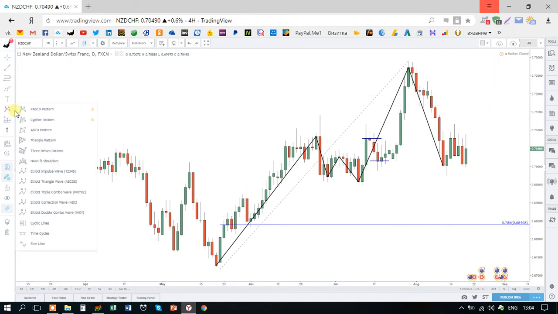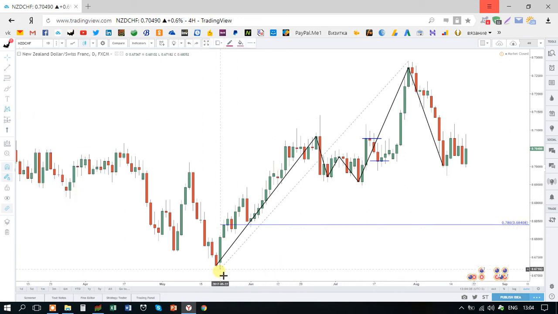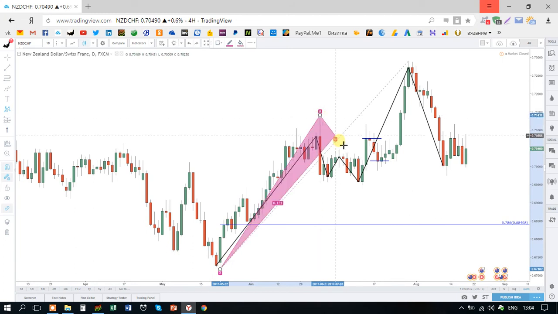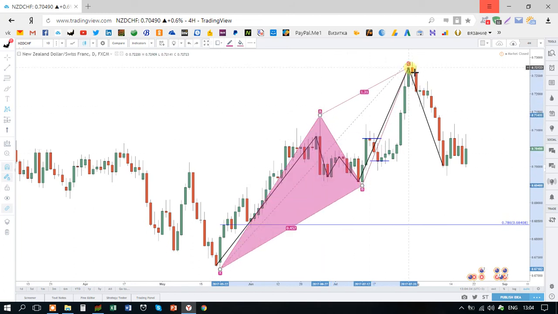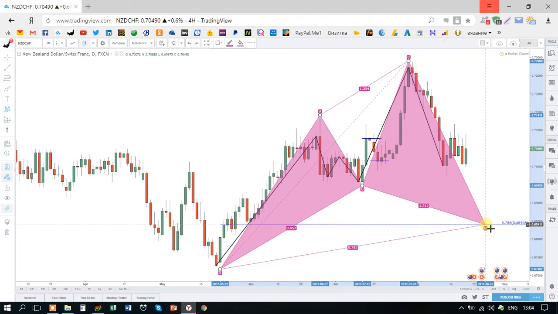If the rules are okay, then you need to measure your targets and your stops. This is the pattern, X to A to B to C. It is completed at the 786 line, so the price should first go lower. I don't know if it will ever go there. What are the probabilities? I don't even care.